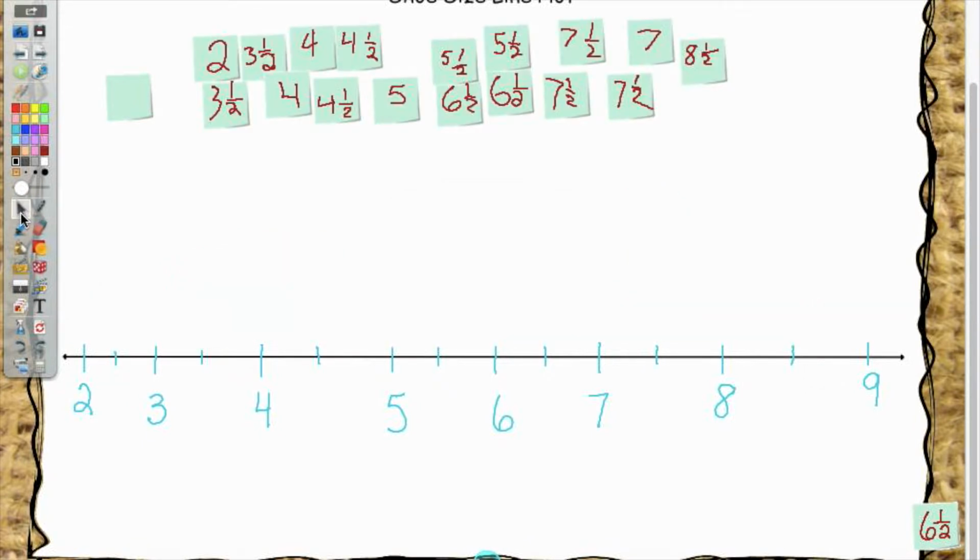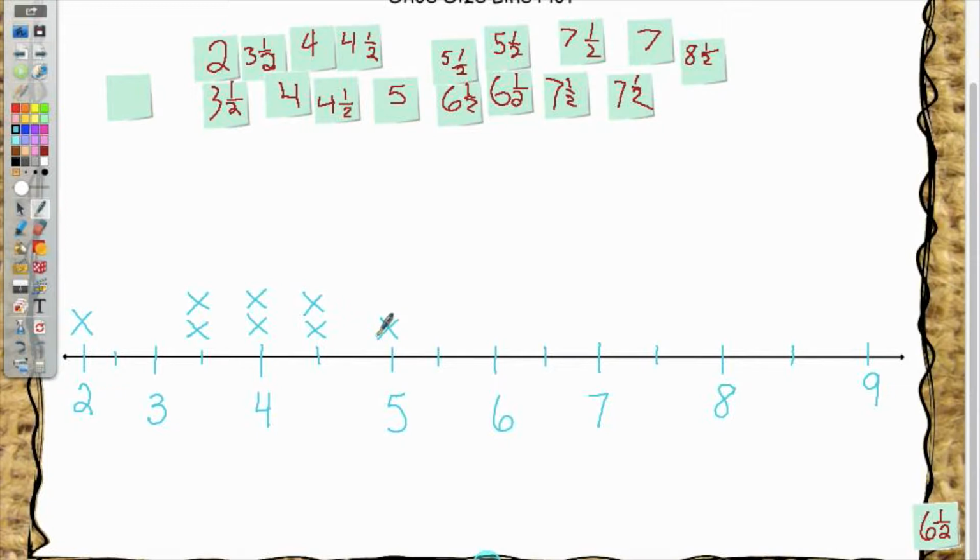Okay, so how many X's did I need here? 1. When I make the X, I want to make sure that I am trying to make them about the same height all the way across and the same size. The next X I needed was 3.5? Yeah. And I needed 2. And then 2 on the 4, 2 on the 4.5. 1 on the 1.